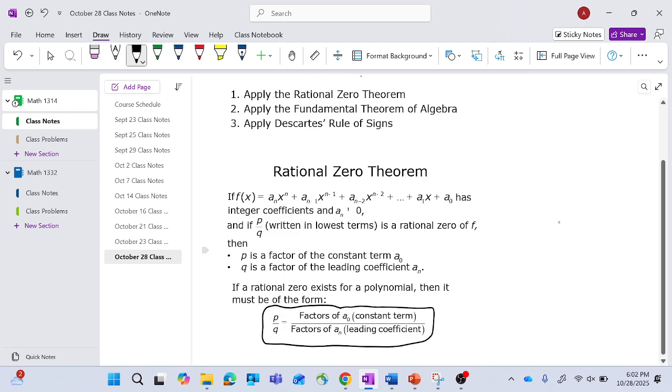Essentially, what the rational zero theorem says is that every single possible rational zero, so every single possible answer, you can kind of think, is always going to be in this form right here, where it's always going to be a factor of the constant term all over a factor of the leading coefficient. That's pretty much what it boils down to. Pretty much every answer is going to be in that form.